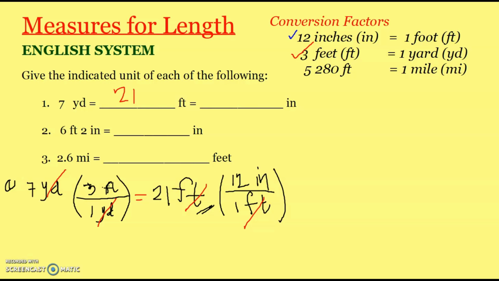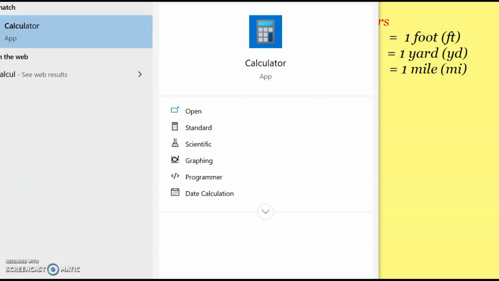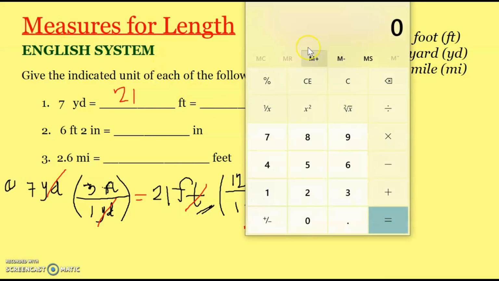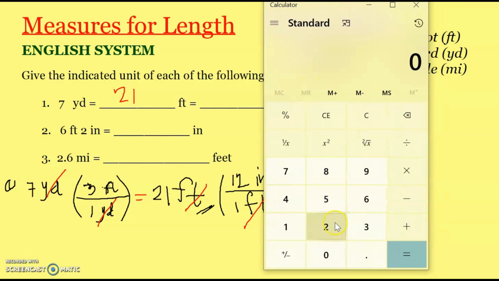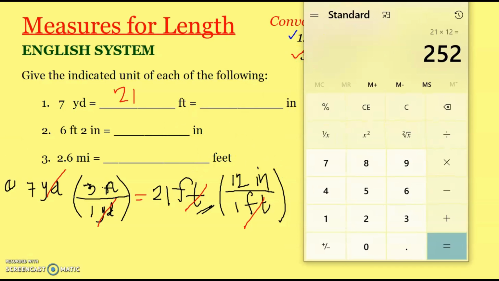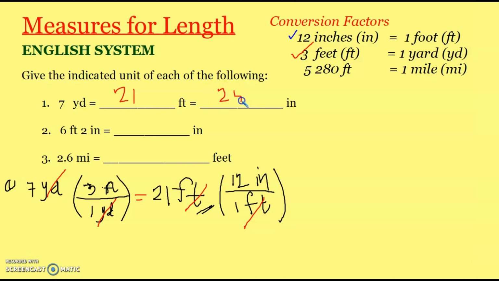As I said a while ago, you are allowed to use a calculator to compute. So key in 21 multiplied by 12, and there you have 252. So we write 252 here. And there you have the solution in your conversion: 7 yards is equivalent to 21 feet and 252 inches.